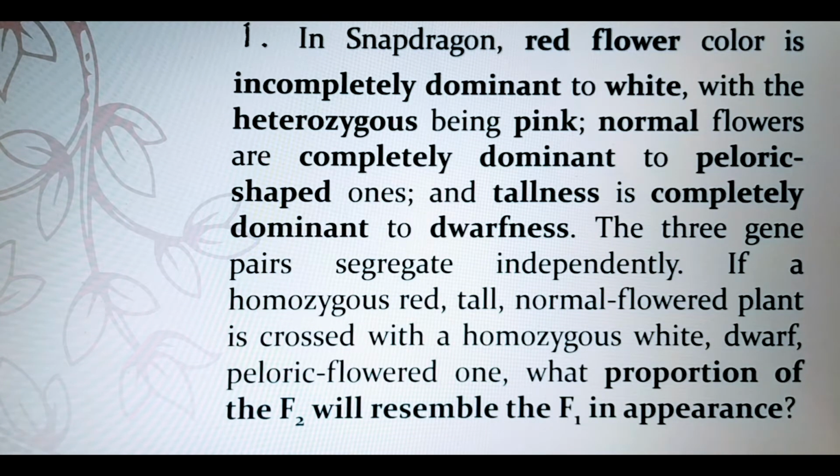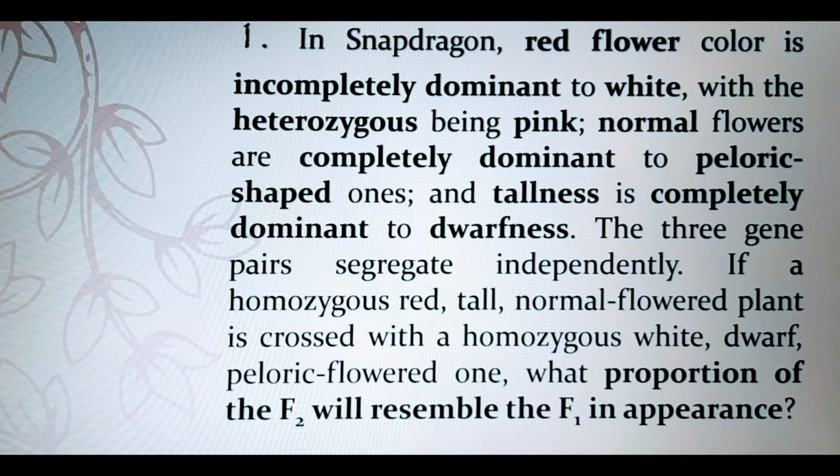In snapdragons, red flower color is incompletely dominant to white, with the heterozygous being pink. Normal flowers are completely dominant to pyloric shaped ones, and tall is completely dominant to dwarf, as the three gene pairs segregate independently.